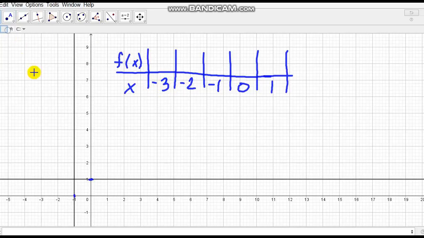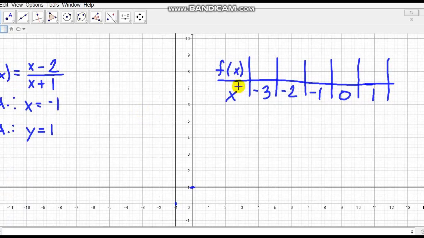So with that in mind, we're going to solve for the value of f of x with these values. Since we know that negative 1 is a vertical asymptote and negative 1 plus 1 is 0, the denominator becomes 0, then this value of f of x is undefined. Just remember that wherever the vertical asymptote is, the f of x is undefined. So we're just going to solve for negative 3.